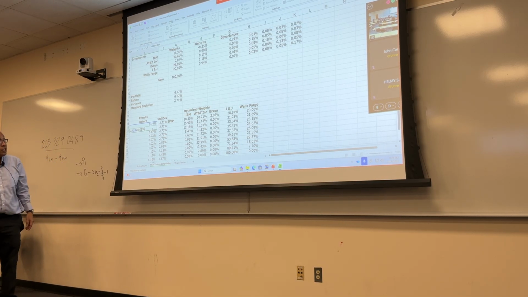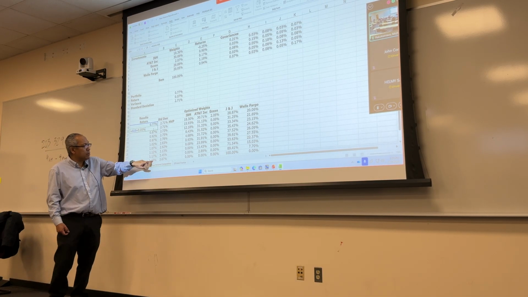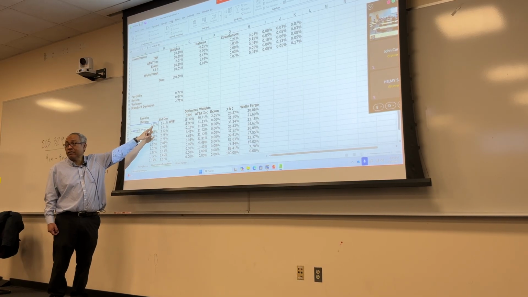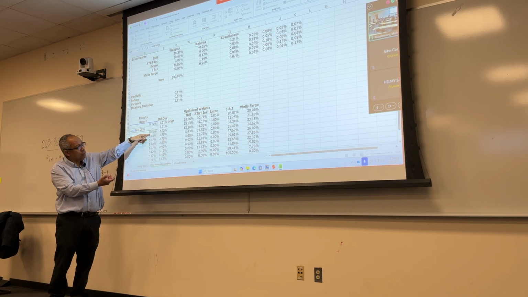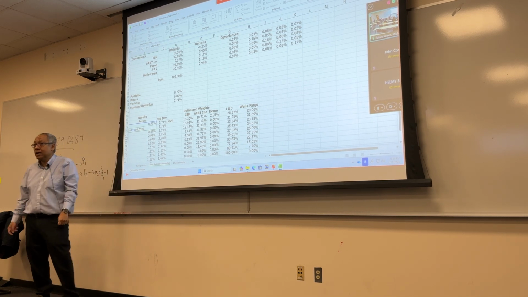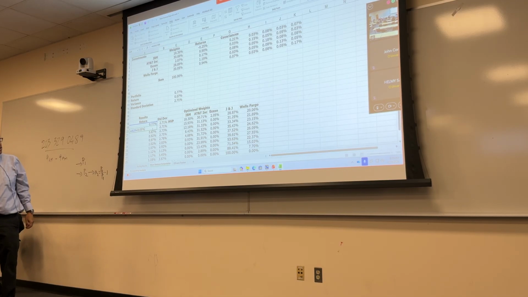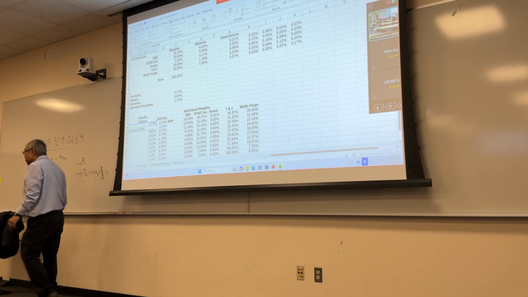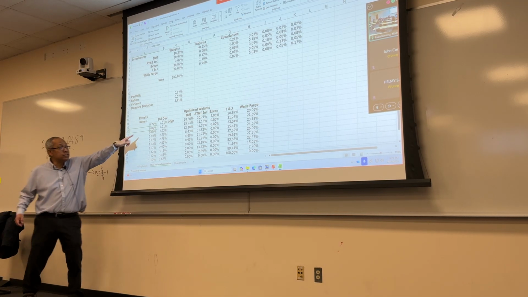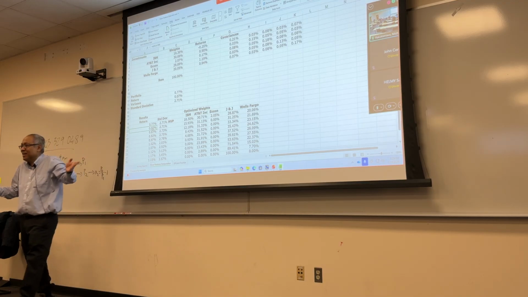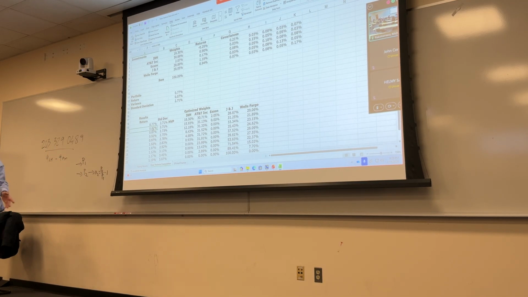So one way is just compute the difference between 1.19 and 0.77, and then divide it by what? 1, 2, 8, right? Divided by 8, right? So you can do it like that. So why don't you do that? And if you don't want to do it, then do it my way, which is just type in all these numbers. Either way, but you have to find a way to do it.